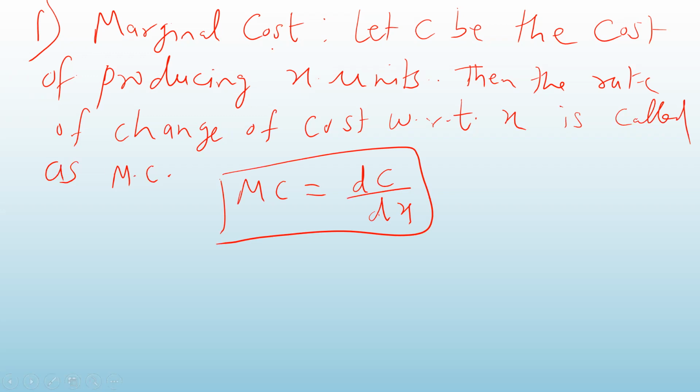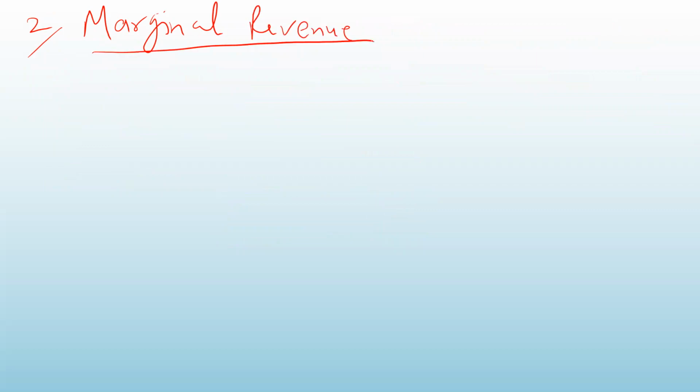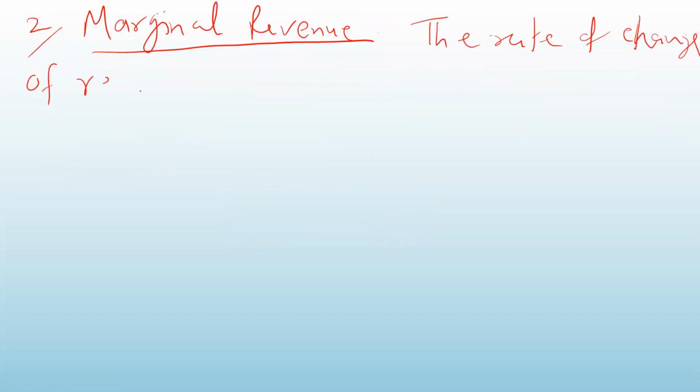So rate of change is derivative. So we have seen the first application, and last time we solved some problems in which the cost function was given to you and you were asked to find the marginal cost at some point. Okay. Then the second application we saw in the last lecture was how to find the marginal revenue. As you know, revenue depends upon the demand. So marginal revenue is the rate of change of revenue with respect to the demand.